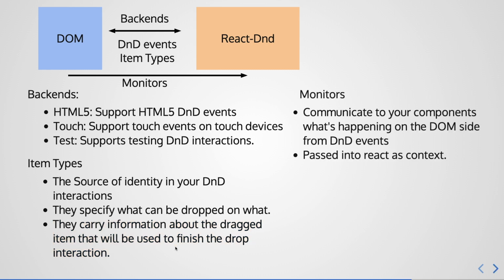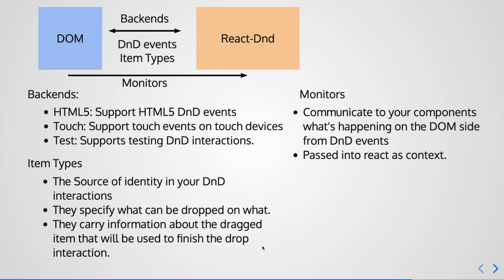Now, what are monitors? Like I just mentioned, monitors communicate to your components what's happening on the DOM side from the D&D events. So they are kind of a state. And I think if you go to the website, you can see that they mention that everything in React-dnd is done in Redux.